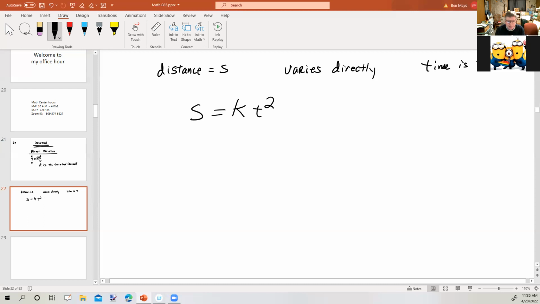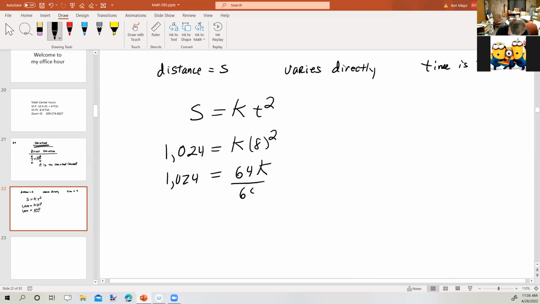Now, k, or the variation constant, wasn't even mentioned in the description, and quite often it's not mentioned, but it's always contained in all the variation formulas. So from the reading, we've got this. Then it says, if an object falls 1,024 feet in 8 seconds, so by putting 1,024 in for the distance and 8 seconds for the time, we get this situation, which then becomes that, because 8 squared is 64.